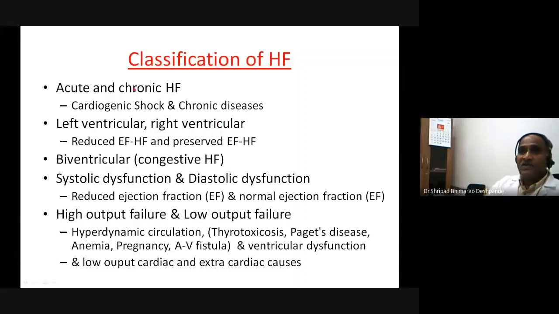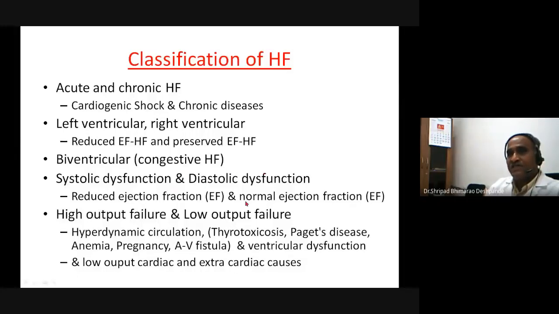Now, then we come back here. I have seen the acute and chronic, left ventricle, right ventricle. So then systolic and diastolic. In the systolic dysfunction, there is a decreased ejection fraction. So that means it comes to the left ventricular failure, systolic dysfunction.